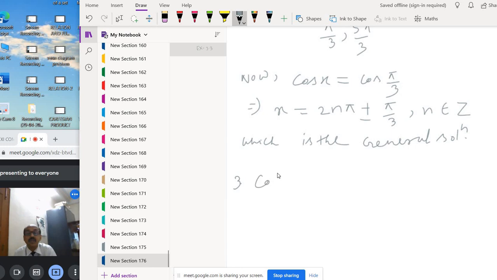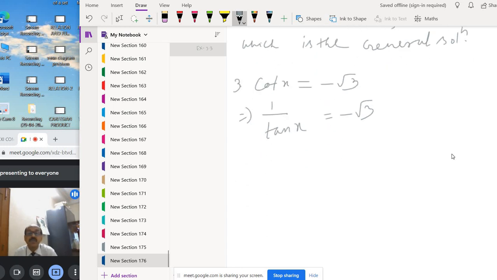Then, taking the reciprocal of both sides, tan x equal to minus 1 by root 3.